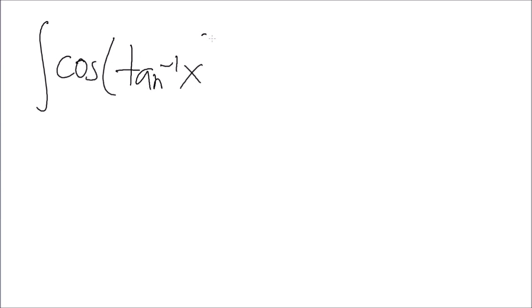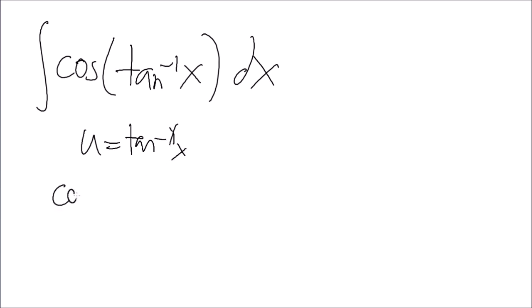Number 7 is using the triangle in trig substitution. If you're given problems like this, then yes, go ahead, use the triangle, because you're gonna have to simplify this, right? Or you can let u equal inverse tangent of x, and then you get cosine of u.